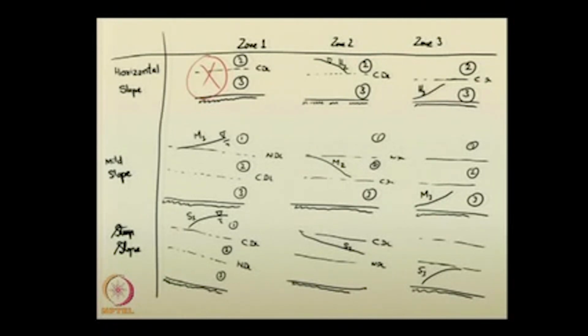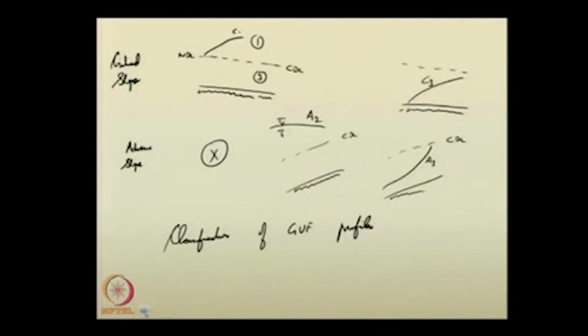For the steep slope channels, you can have S1, S2 and S3 profiles. For the critically sloped channels, you can have C1 and C3. For the adverse slope channels, you can have A2 and A3 water surface profiles.